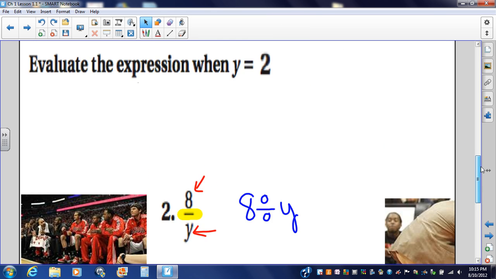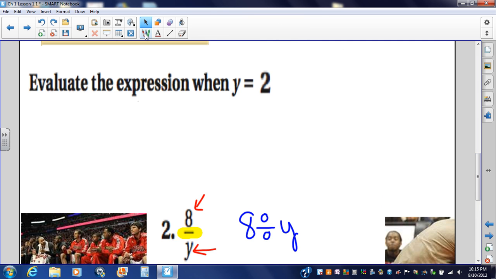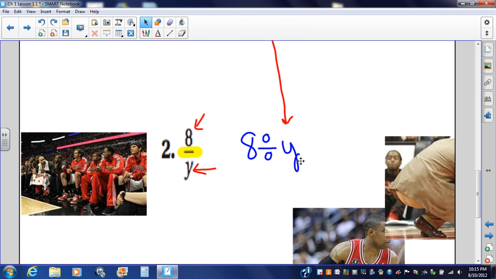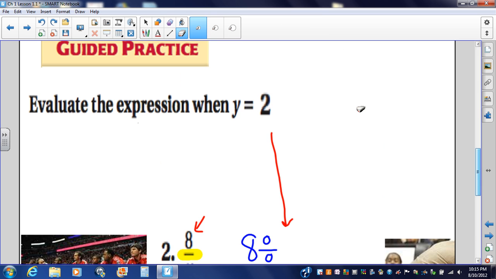We are going to substitute 2 for the variable y. We will take out the y and we will put 2 in his spot. 8 divided by 2 gives us 4.